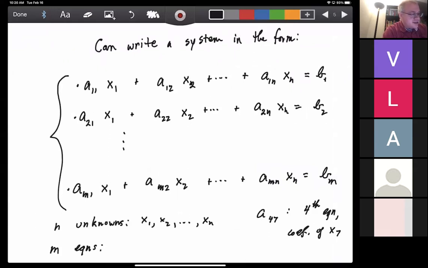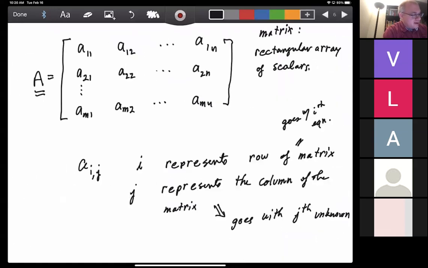All of the coefficients on the left-hand side of the equation are put into this matrix. So this is our coefficient matrix, written on the previous page.